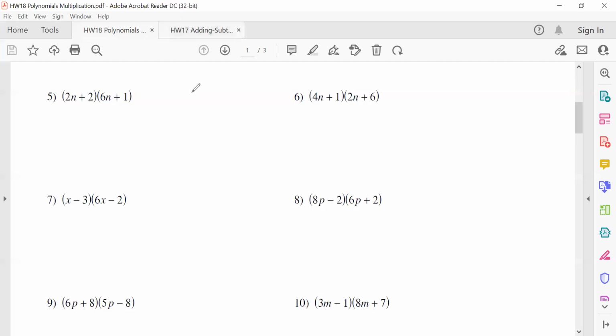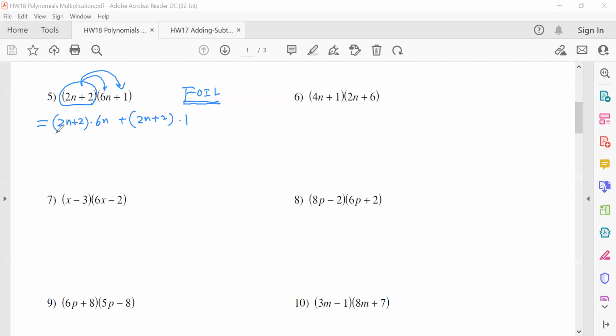Most of you may use the FOIL method. What do I mean? Actually, you can consider this as one term, distributed inside like this. So consider the first one, the two terms, distributed inside, right?